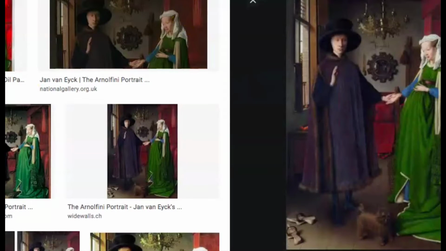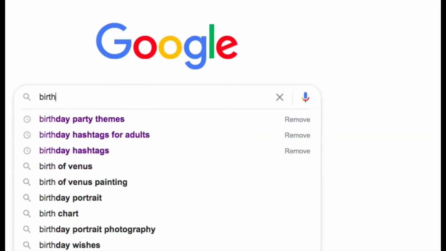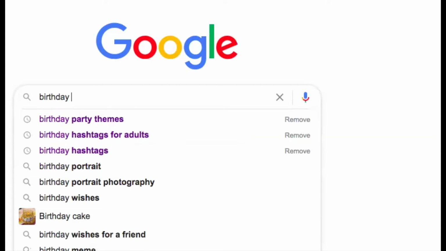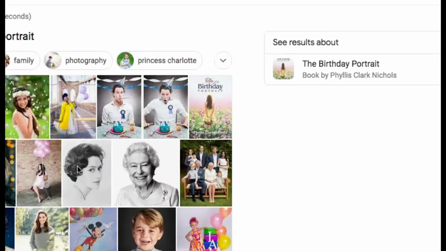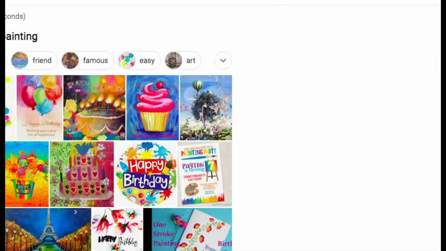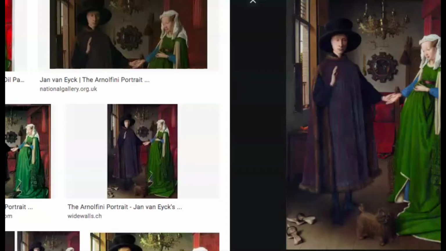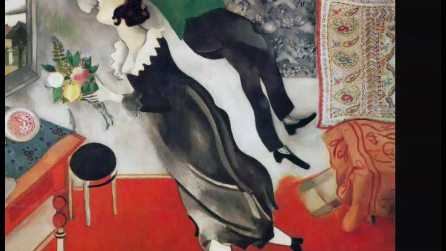And then we also have the birthday painting. So this is the Arnold Feeney and this is the birthday painting.